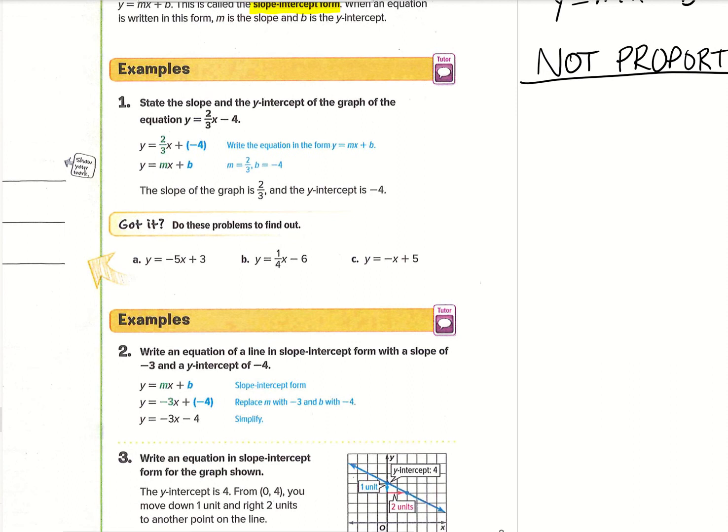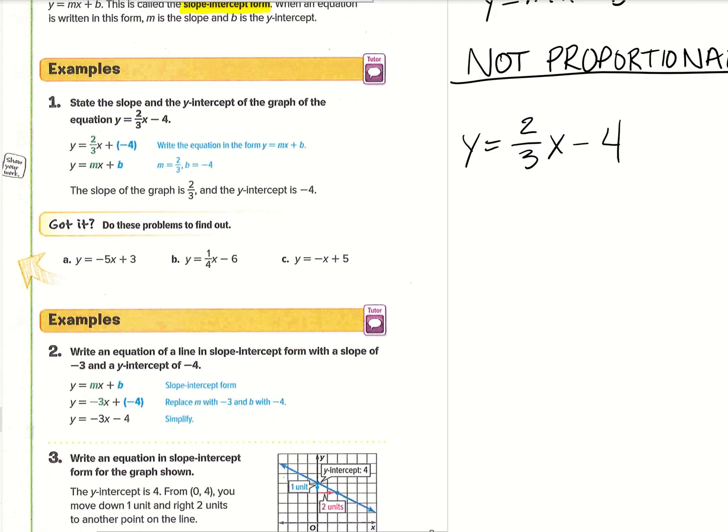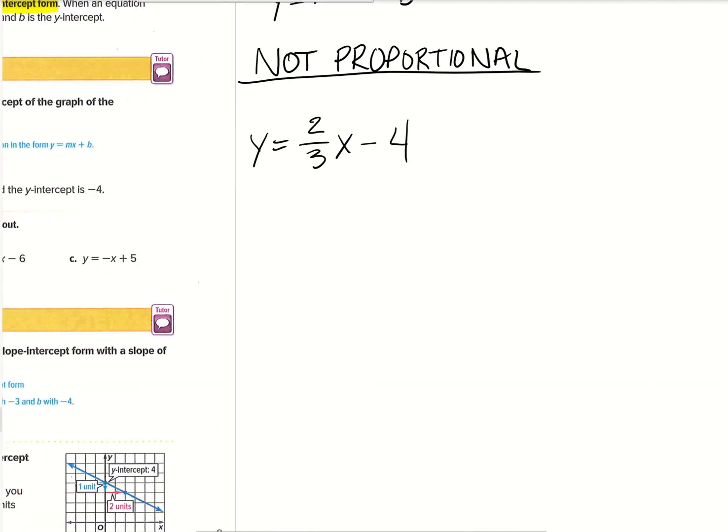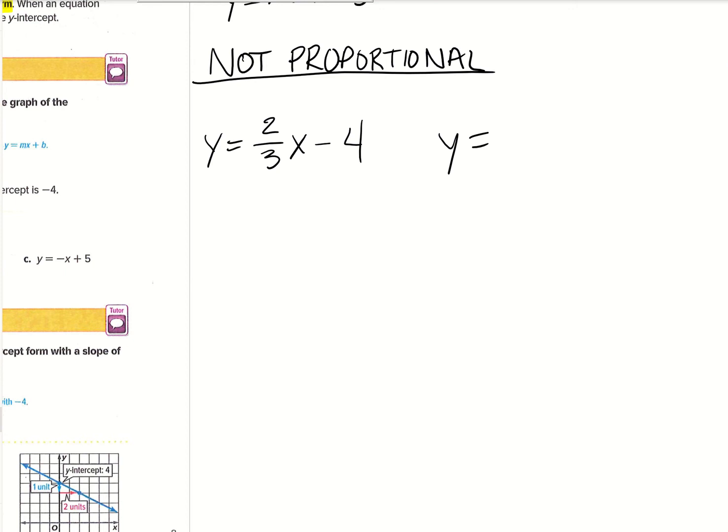We'll go ahead and look here at example 1. State the slope and the y-intercept of the graph of the equation y equals 2/3 x minus 4. As a reminder, our equation is y equals mx plus b.